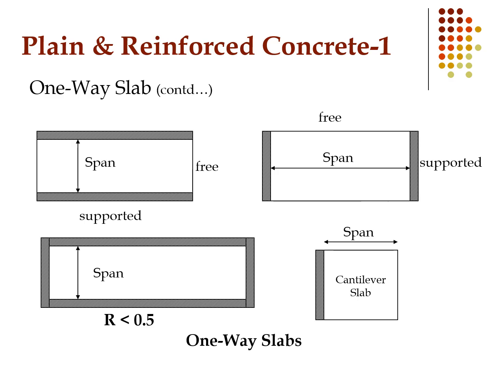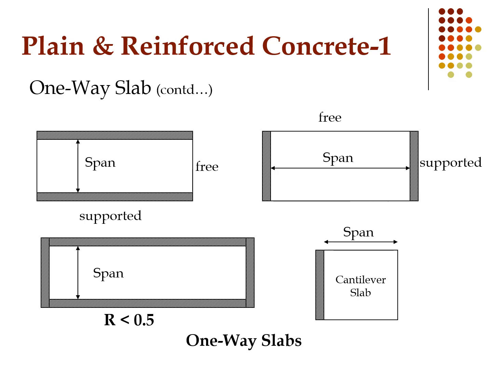Again I am repeating this. The distance between the supported edges, that we call the span, no matter whether it is the shorter span or longer span. If our slab is supported on two sides, the distance between the two sides we call the span.